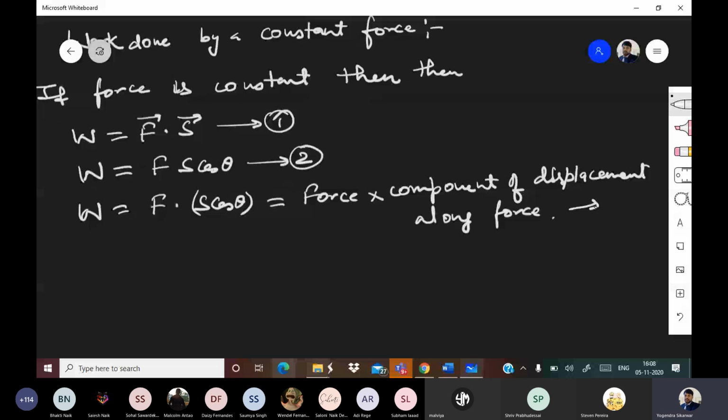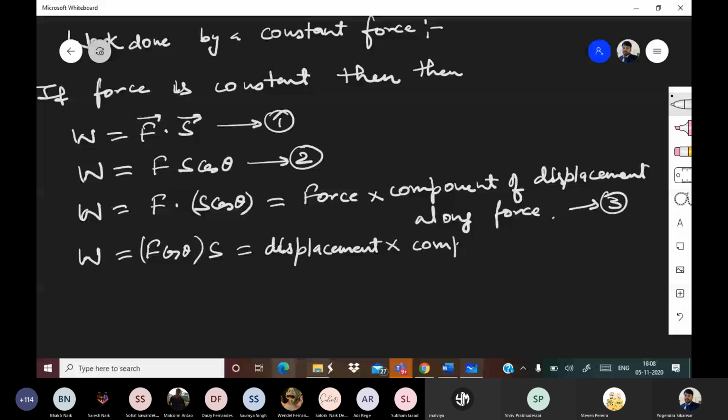And then fourth method is W is equal to F cos theta into S, and that means displacement into component of force along displacement.